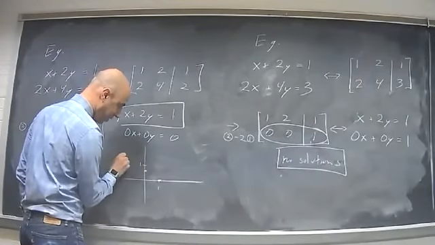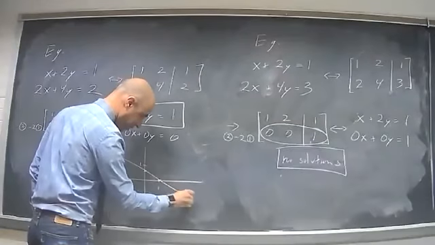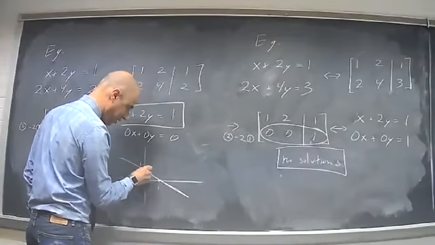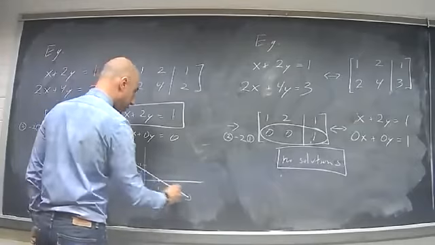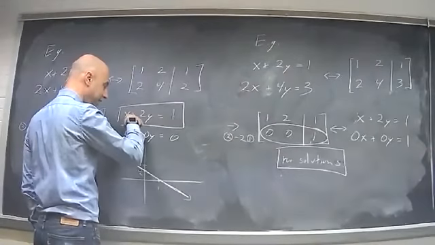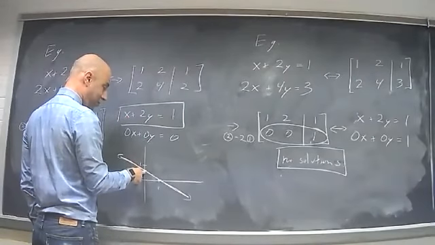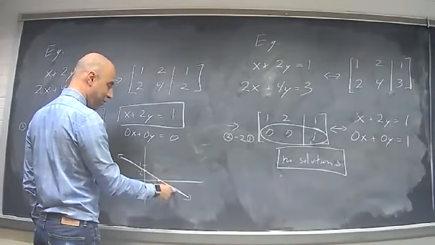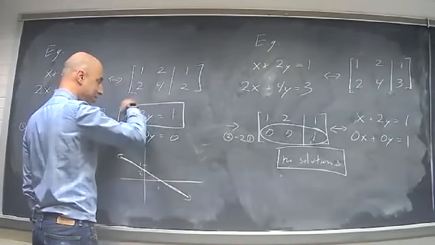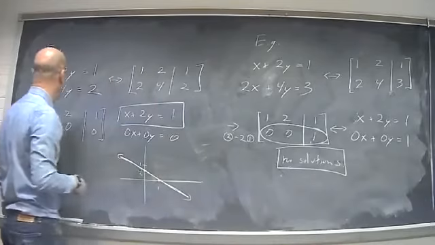It's just this line with slope minus 1/2. Sorry about my wonky line. Any point on this line, a 0, 1/2, or 1, 0, or whatever point is right there, they all make this work, and everything makes that work.